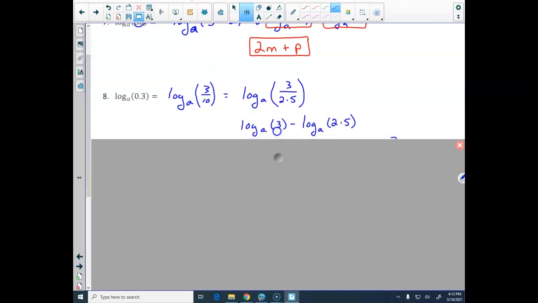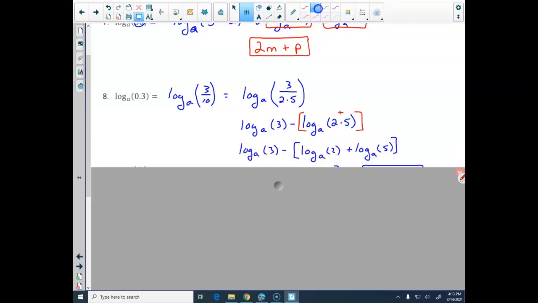Well, notice, that is the log base a of 3 minus, using my properties of logs, the top minus the bottom, and then it gets really sticky here, because what I'm looking at really is minus a sum when I expand here, because this multiplication breaks into a sum, so it's subtracting a sum.